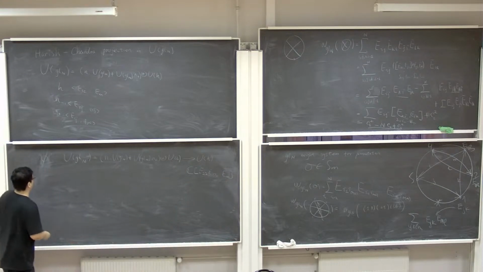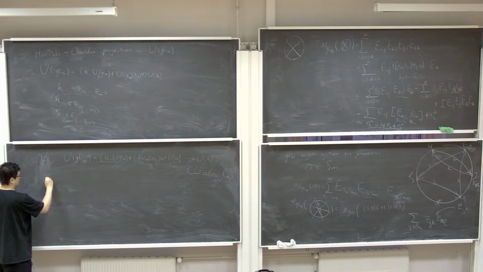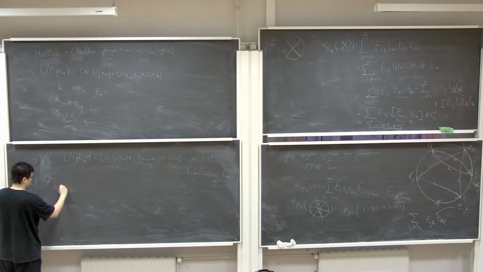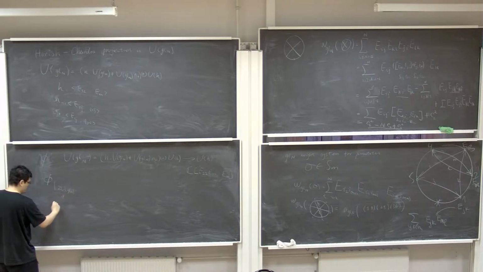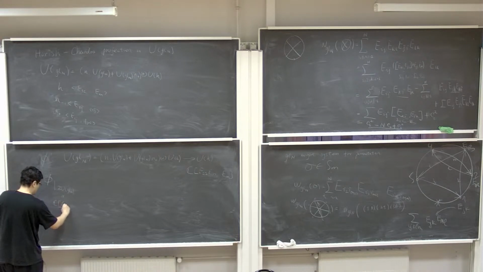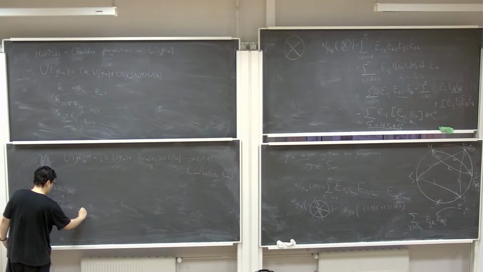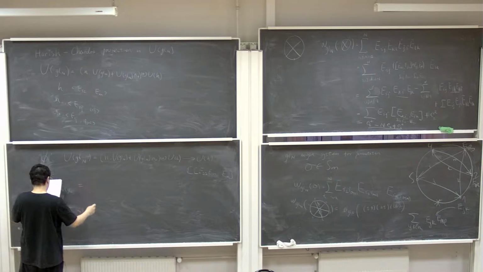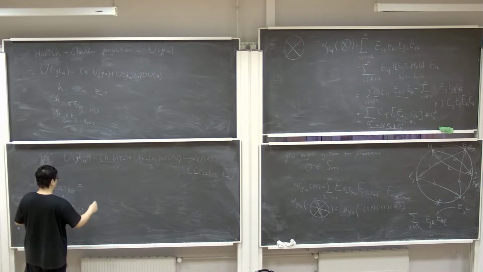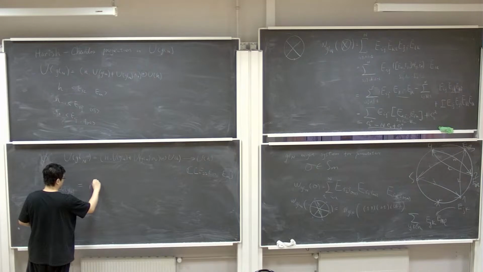If we restrict this projection to the center of the enveloping algebra of GLN, in which we know elements are polynomials in the Casimir invariants, the image is what I call lambda star of n.